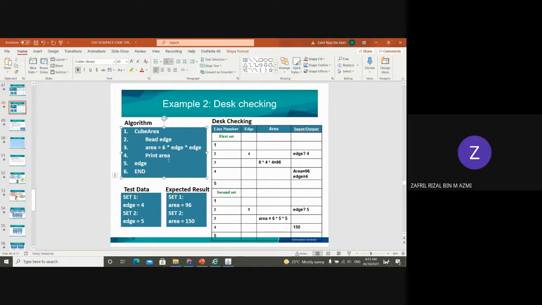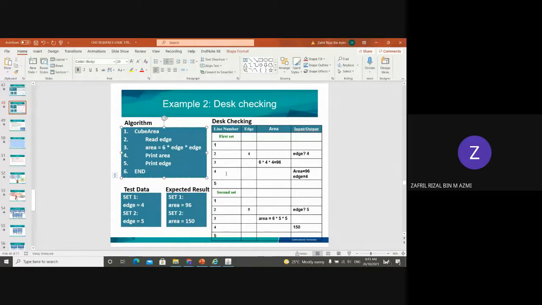So this is different if you put it in a different line. Let's say over here we put print age. If you put it like this, wrong.